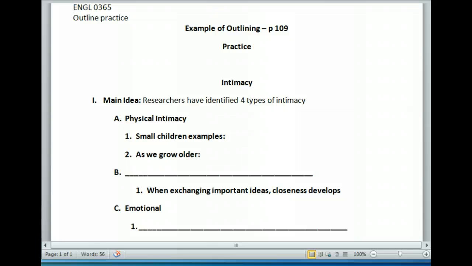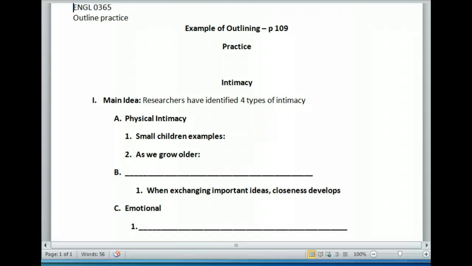What I would like you to do now is go to your book, page 109. You can pause this for a minute, and there's a chapter there that starts outlining. There's a paragraph there, practice 1, where it defines intimacy, and the book has outlined it into main idea and major details, and then all the minor details.